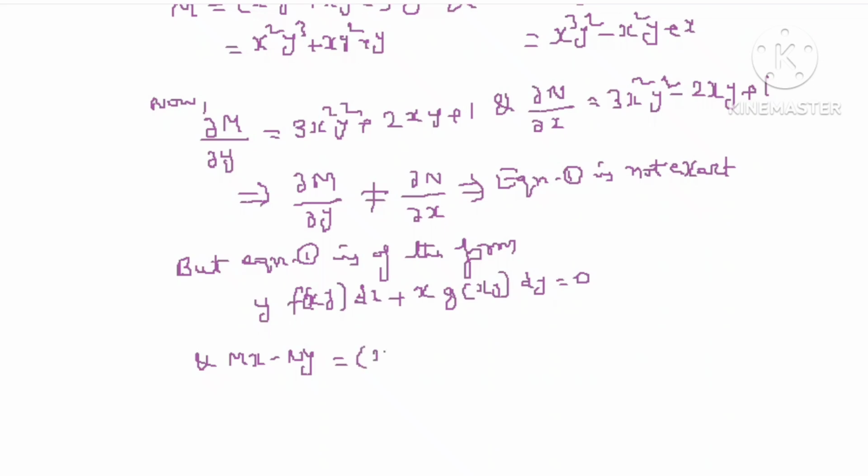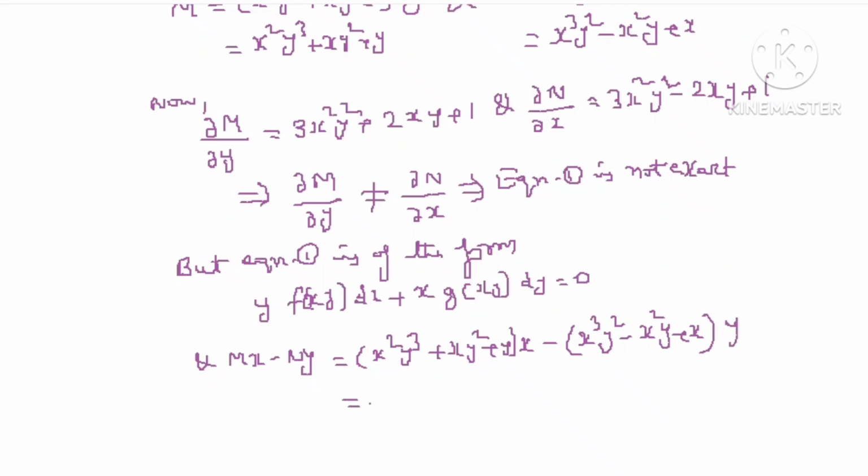So (x square y cube plus xy square plus y) into x minus N, which is x cube y square minus x square y plus x, into y.